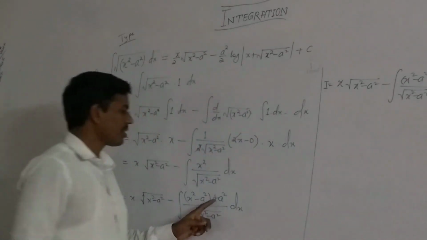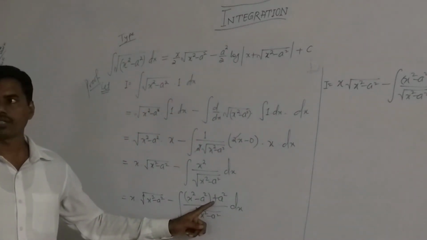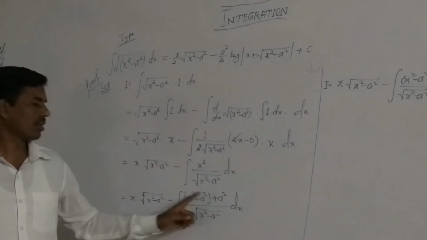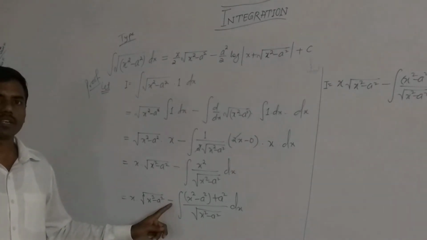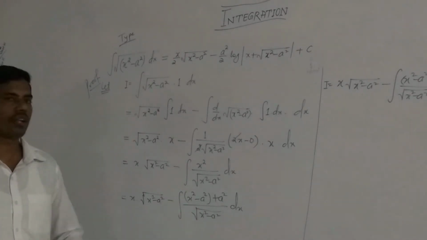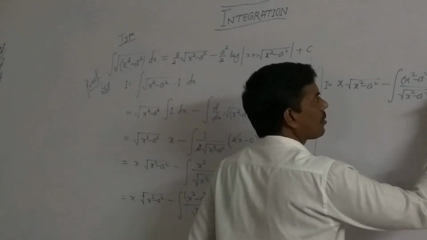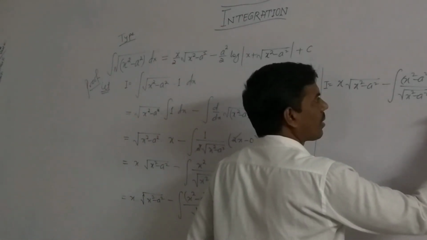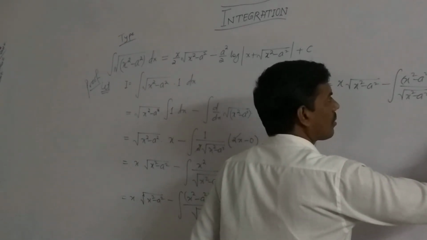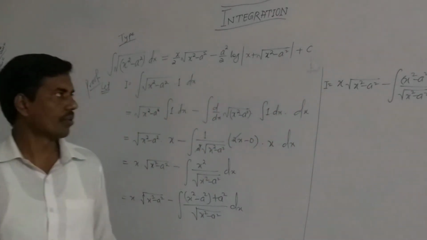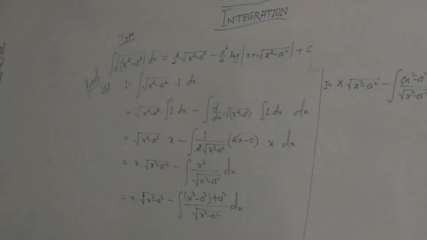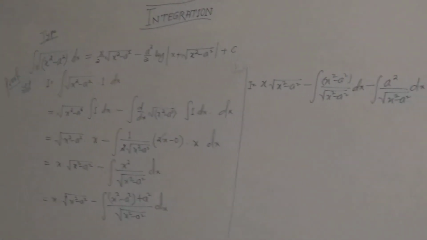And since there is a plus in numerator and outside of the integral that is negative, minus into plus is minus. Write minus here. We have a square upon under root of x square minus a square dx. Okay, plus into minus is minus, so write minus there in numerator.